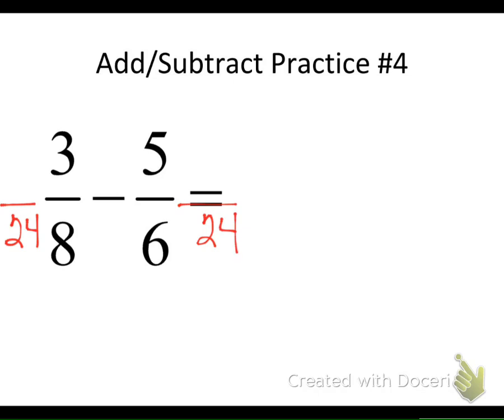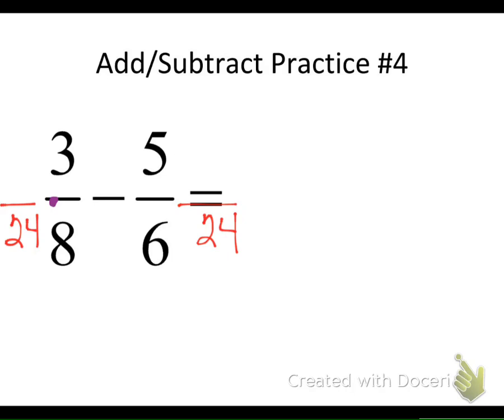Now, if I'm changing the denominator, that means I'm going to have a new numerator as well. So first, I think, 8 times what number got me to 24? 4.